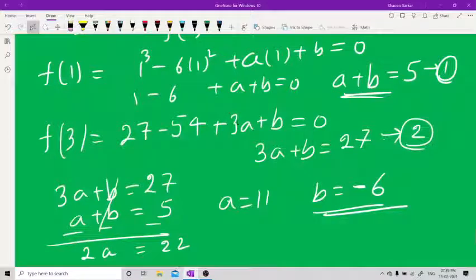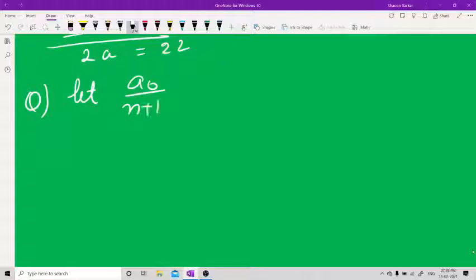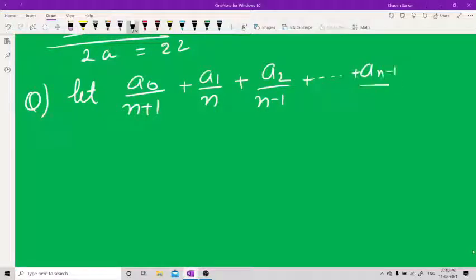Now next. The next question is, let a naught over n plus 1 plus a1 over n plus a2 over n minus 1 plus so on and so forth, a n minus 1 over 2 plus a n equal to 0.